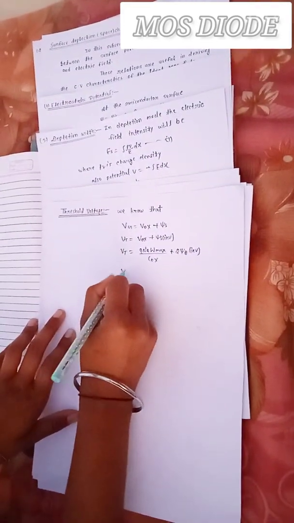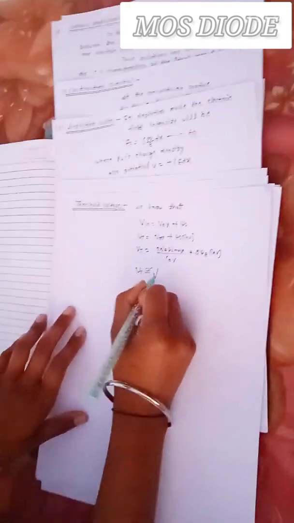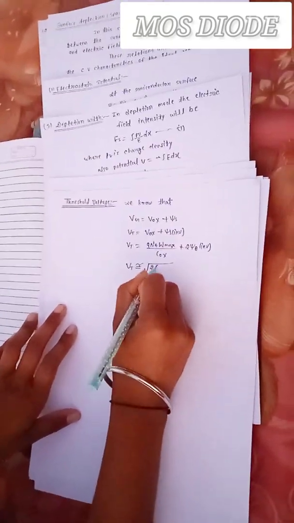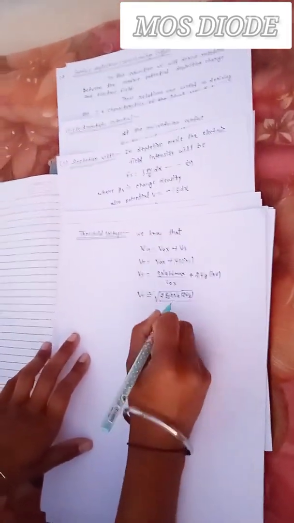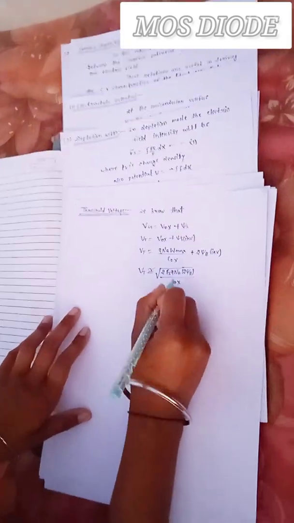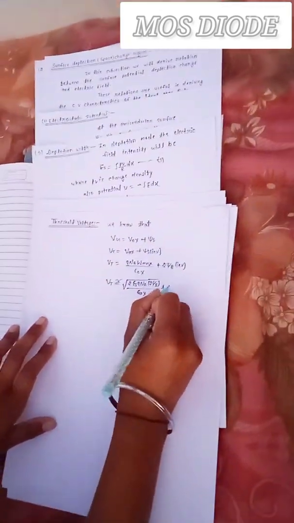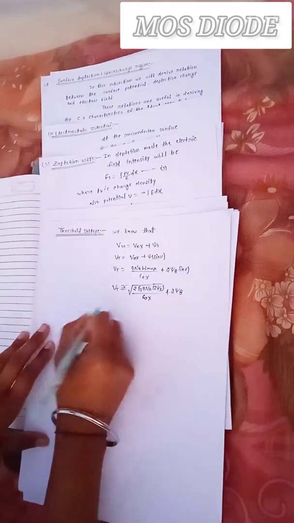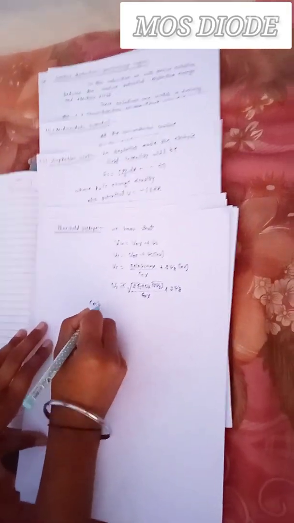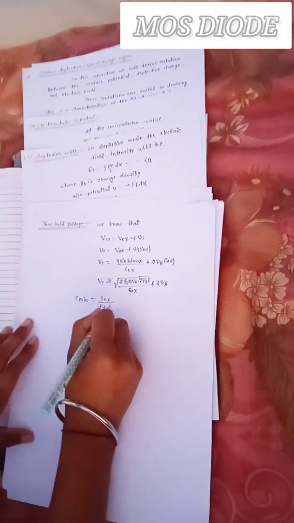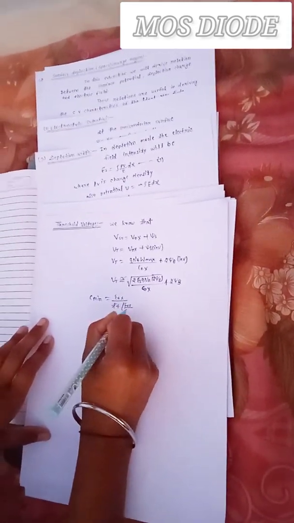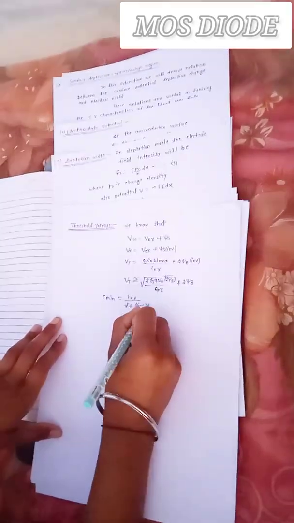So then Vt is approximately root of 2 epsilon s Q n a 2 phi b inversion upon Cox, plus 2 phi b. So then C minimum is equal to epsilon ox upon T ox plus epsilon ox upon epsilon s into W maximum.